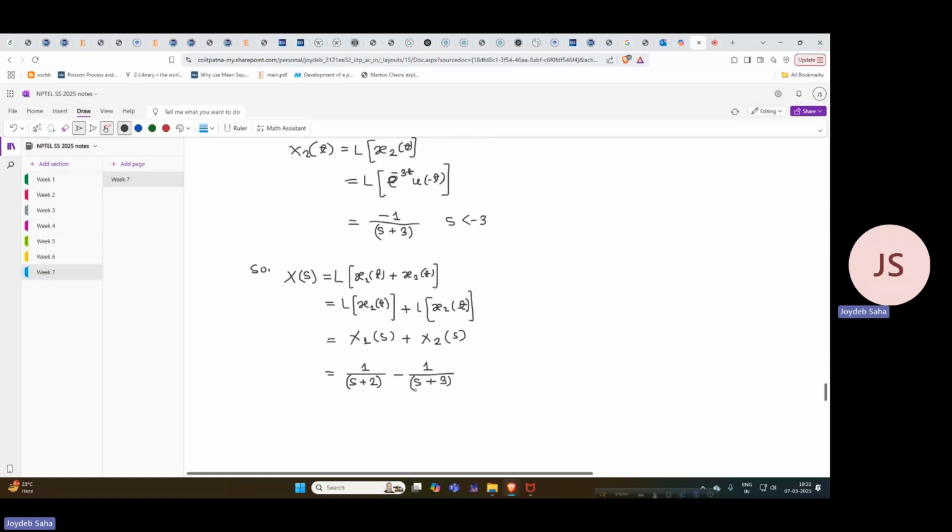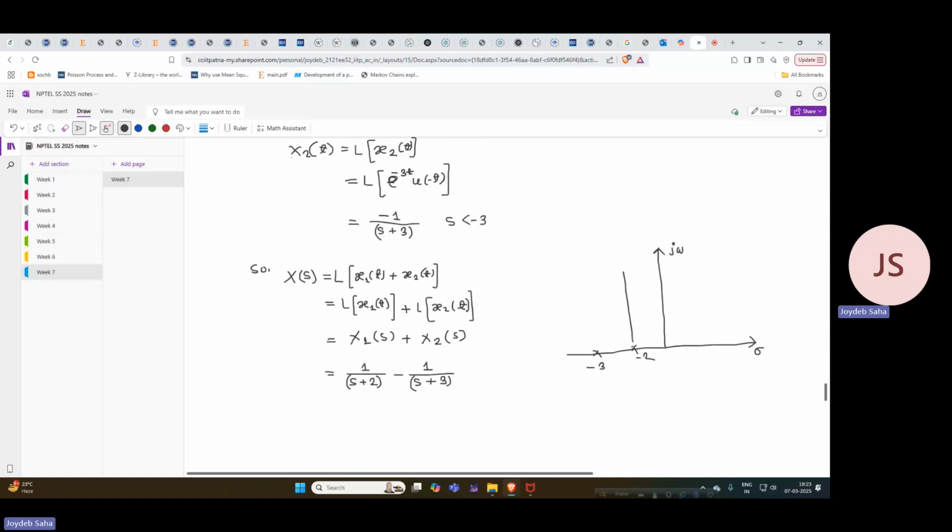Till now it is fine, but now the question arises, what is the region of convergence? This is sigma, this is j omega. It is minus 2, this is minus 3.